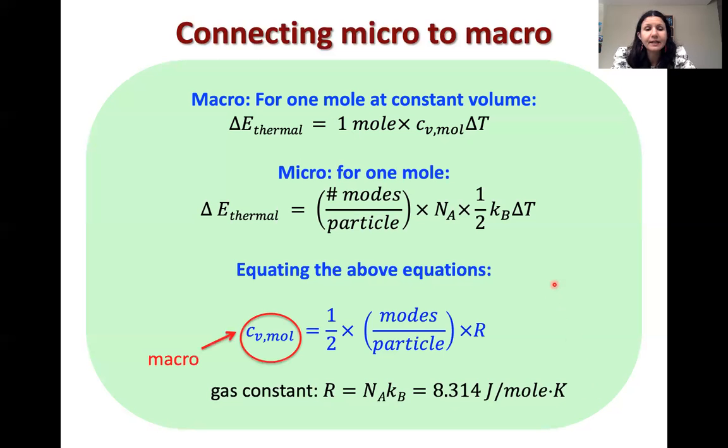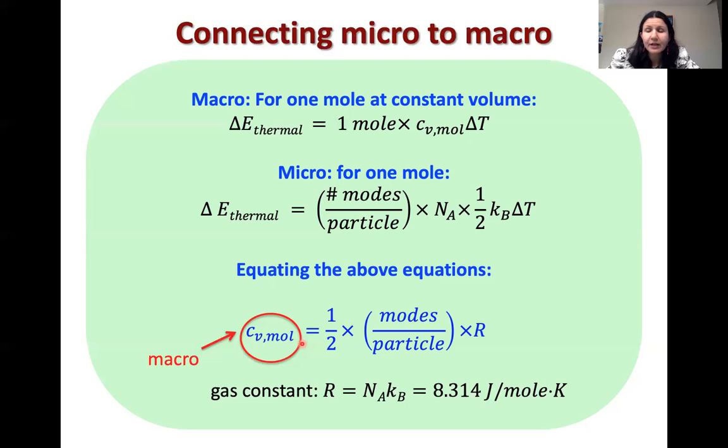So what do we find here? We find that our original macroscopic definition of thermal energy, which connected thermal energy to temperature in terms of specific heat, did not require us to know anything about what substances are made of, or that they're made of atoms or molecules.